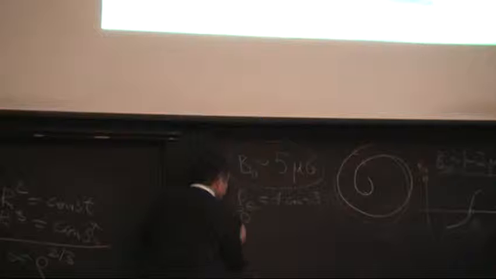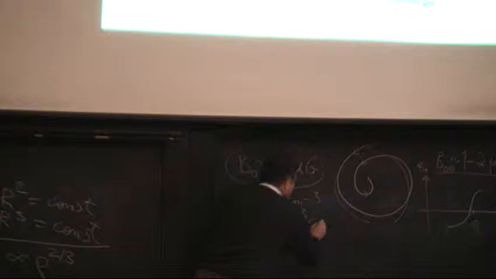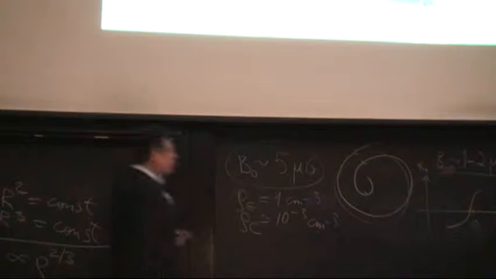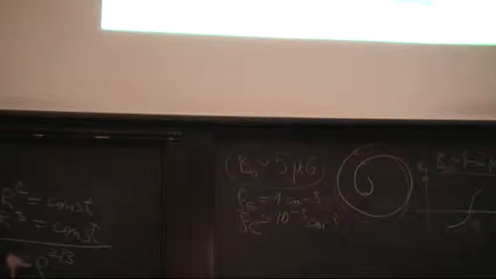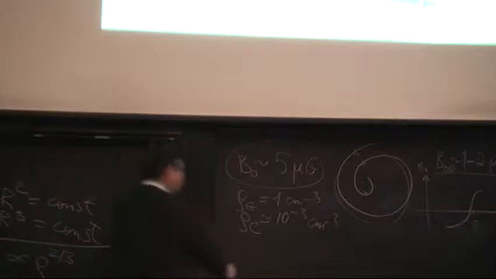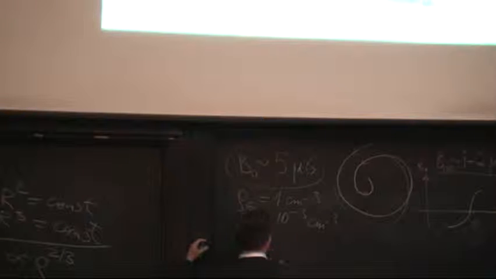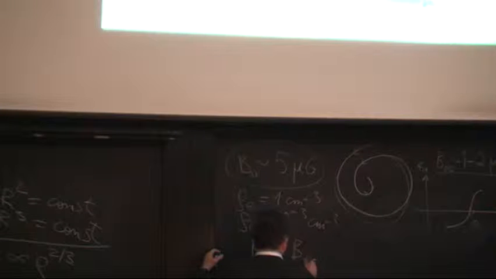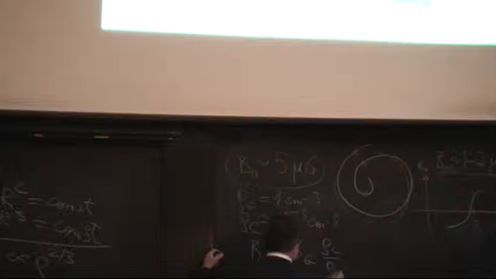The gas density within the cluster is 10 to the minus 3 particles per cubic centimeter. If the expansion was spherically symmetric, the magnetic field within the cluster will be equal to the magnetic field within the galaxy times rho cluster over rho in the galaxy to the power 2/3.